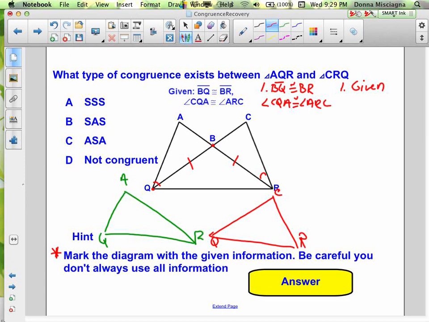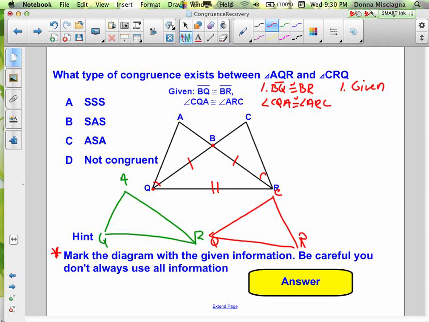Now there is something else we could say about our triangles that is in our triangles. Look carefully at the points, AQR and CQR. What do you see they have in common? We know that they both have segment QR. I'm going to mark it in the original diagram. Notice that the 2 triangles overlap at QR.